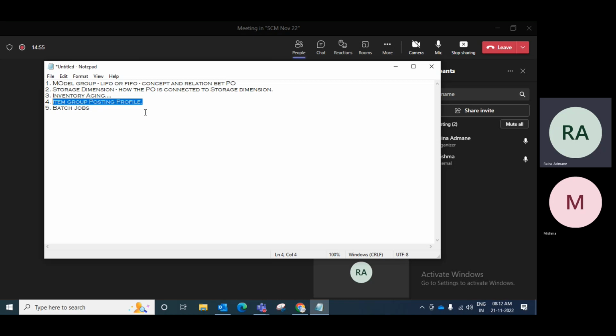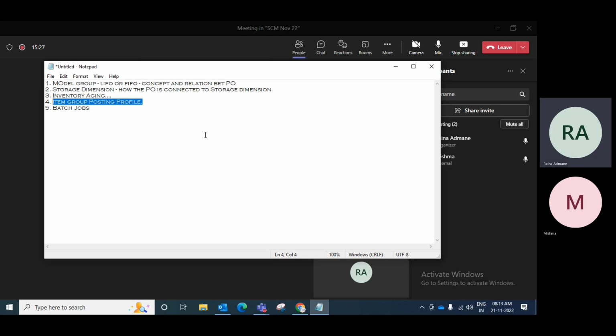Okay, let's start with the model group, LIFO, FIFO, or what is the concept behind that. So first of all, you have to understand these model groups are inbuilt or designed in a system where we have to decide which model group to be used for your inventory costing.